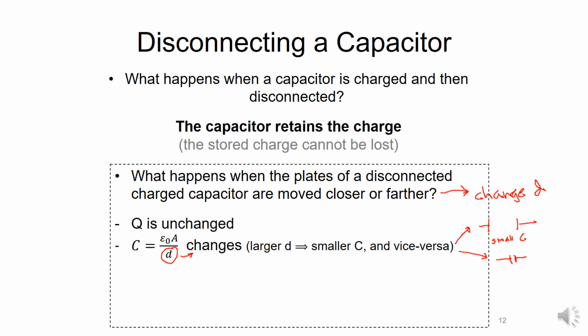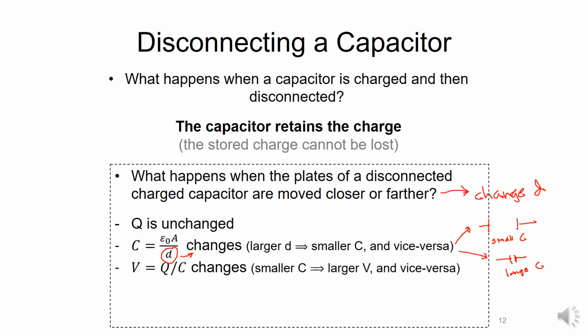We have the same plates of the same area and the same materials, but we're changing the separation, and that changes the capacitance. So when we move the plates of a capacitor closer, we have a bigger capacitance and vice versa. That still doesn't answer the question in the box, but it gives us an important clue. So far we know that the charge is not changing and the capacitance is getting bigger or smaller.